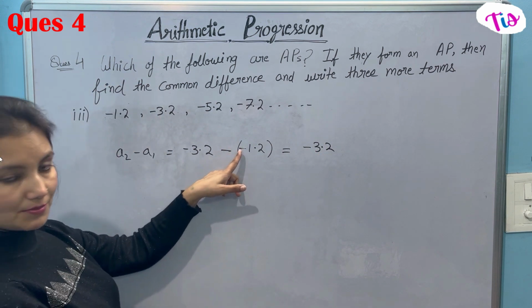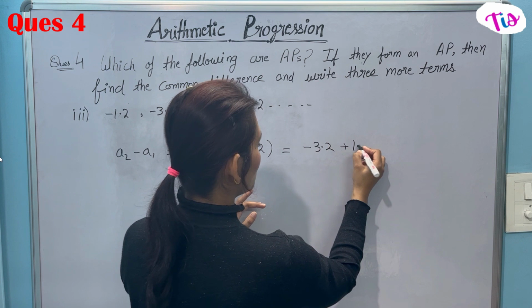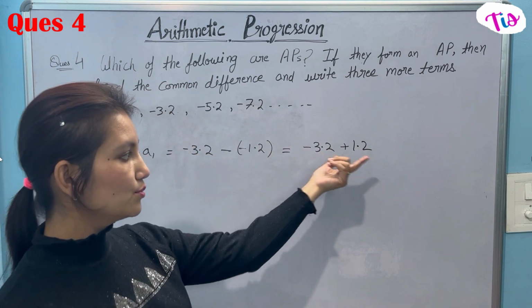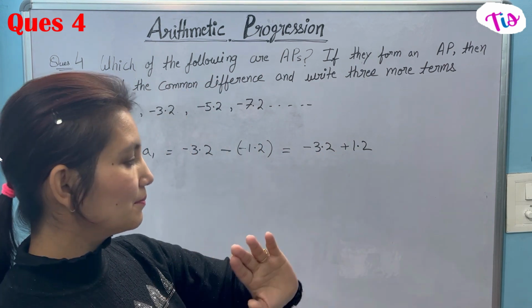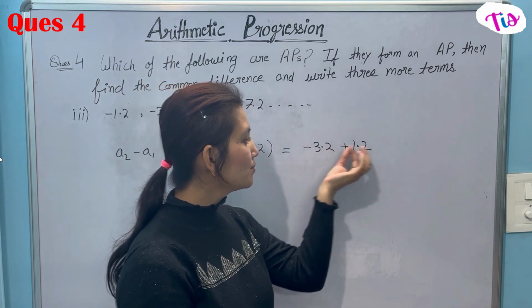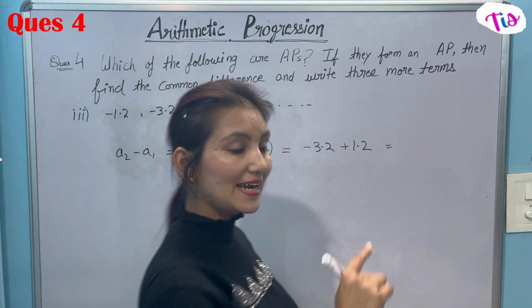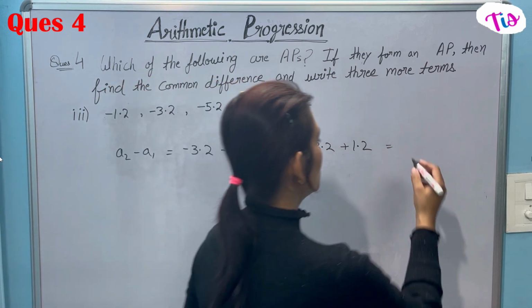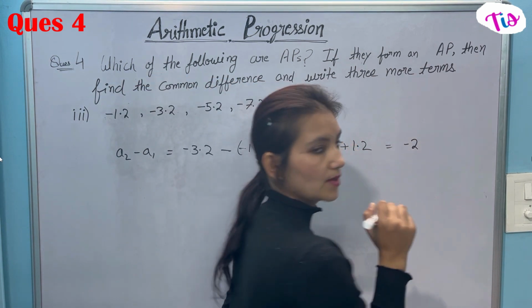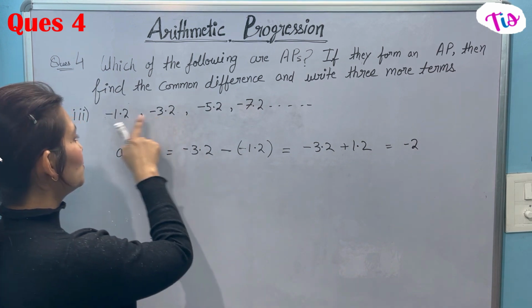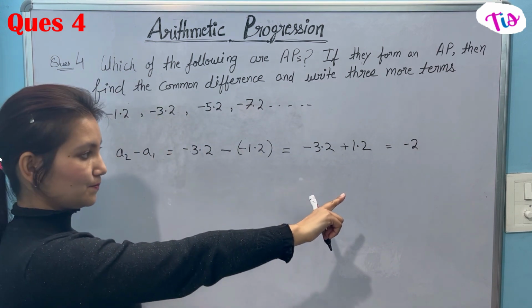Minus will become plus 1.2. Now once you solve it, minus 3.2 plus 1.2, it will be minus. 3.2 minus 1.2 will be 2 and the sign will be of the greater number, that is 3.2. So the answer is minus 2. The difference a2 minus a1 is minus 2.